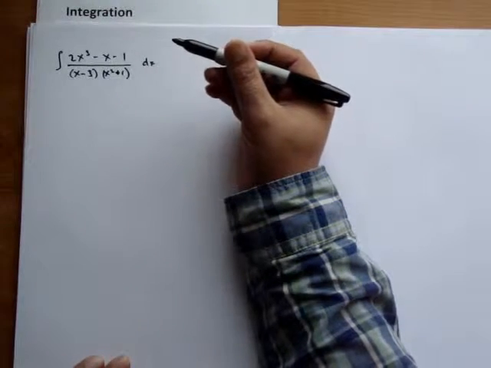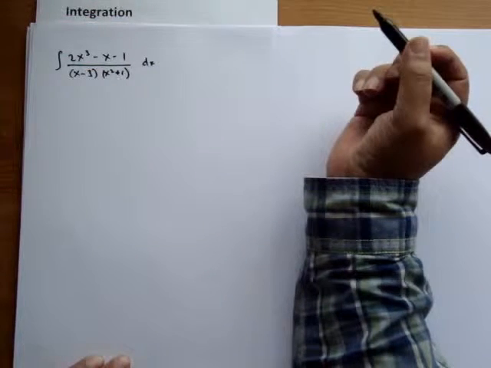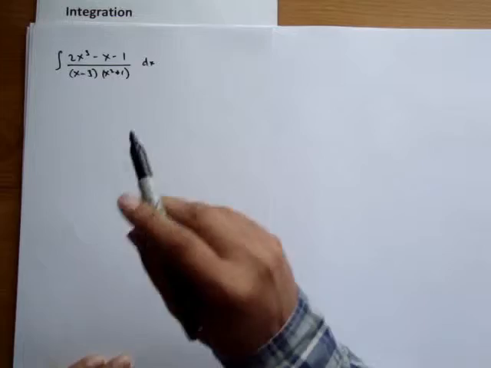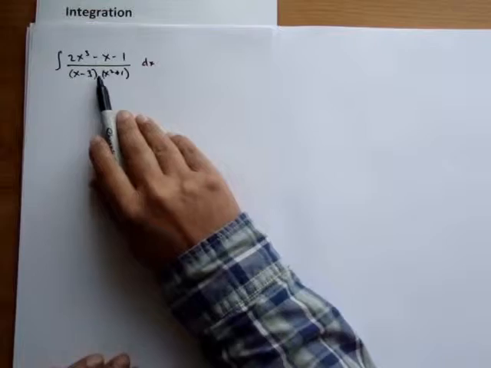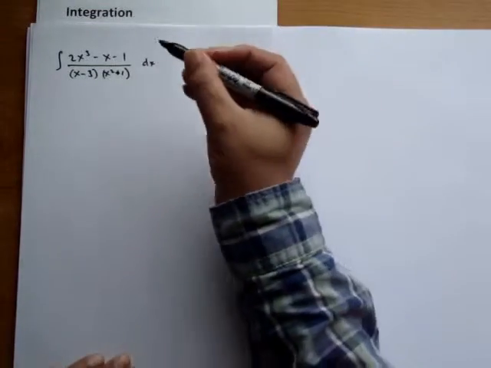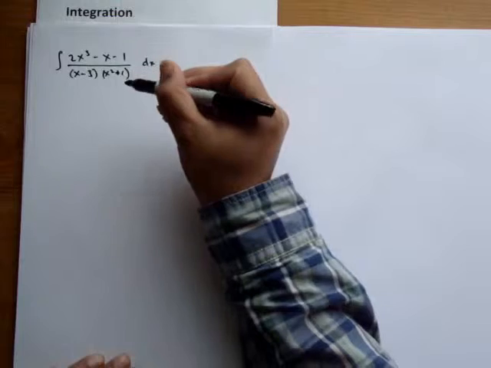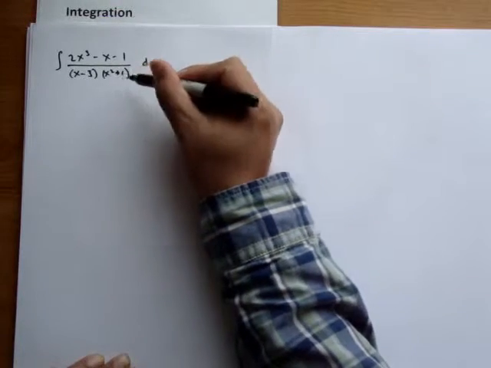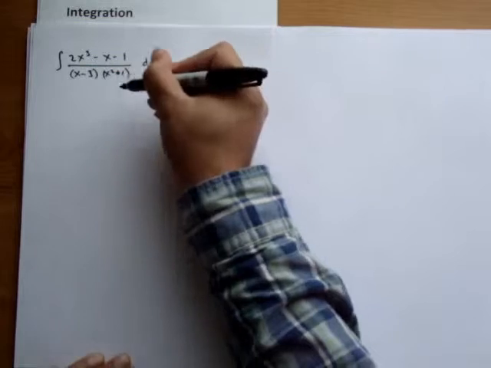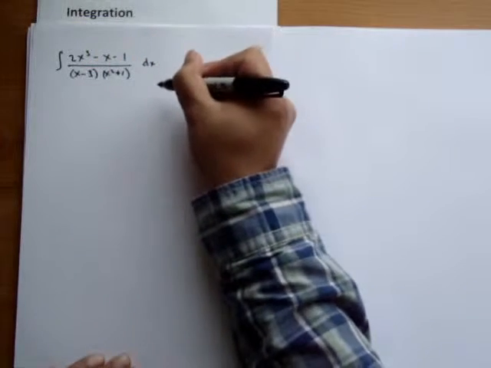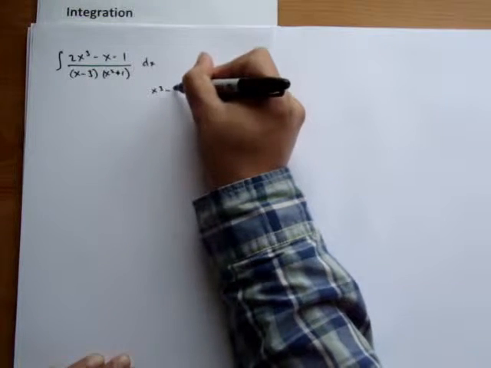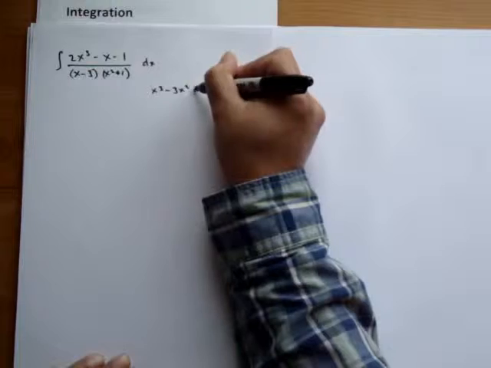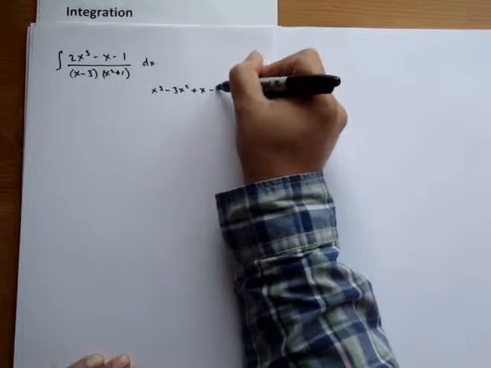Okay, a quick look at reducing the degree of the polynomial in the numerator. Again, this is by algebraic long division but a quick method. So if we have 2x cubed minus x minus 1 over x minus 3 times x squared plus 1 dx, what we do then is we check what degree the denominator is by multiplying out the brackets, and we get it's x cubed minus 3x squared plus x minus 3.